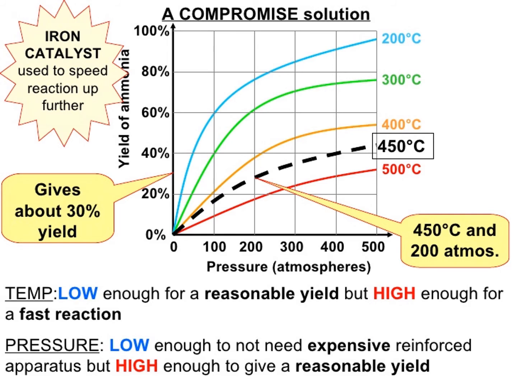And over here we are using iron as a catalyst, which is used to speed up the reaction. So the compromise solution is that the temperature is low enough for a reasonable yield but high enough for a fast reaction. And for pressure, low enough not to need expensive reinforced apparatus but high enough to give a reasonable yield.